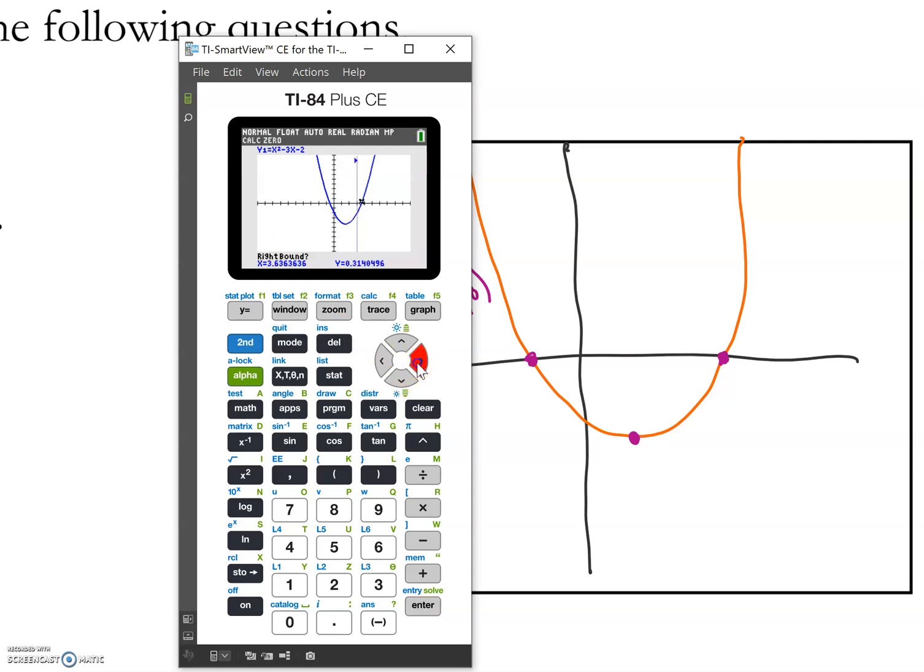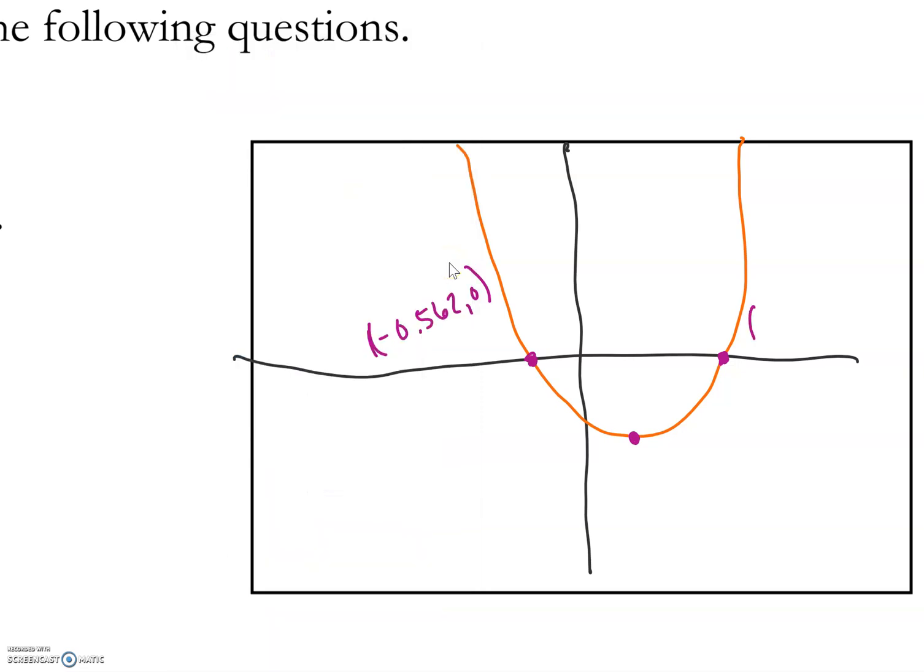Take your little blinky dot and move it a little to the right of that x-intercept. Hit enter. If you trace in between those two arrows, you do hit the x-intercept that you want. So I'm going to hit enter one more time. And I get that the other zero is at 3.56. We're going to round this number to 3.562, comma 0. I also want this vertex.